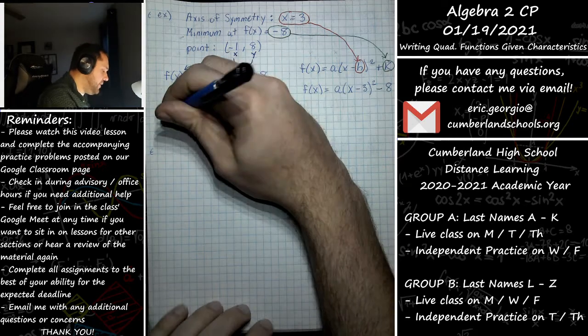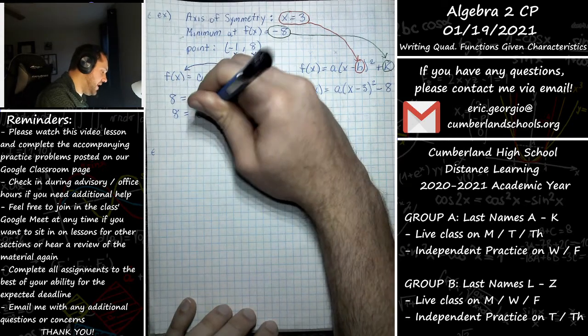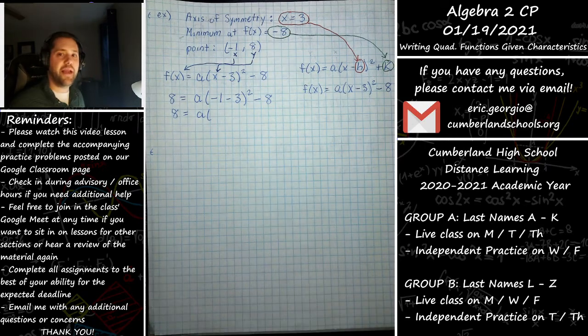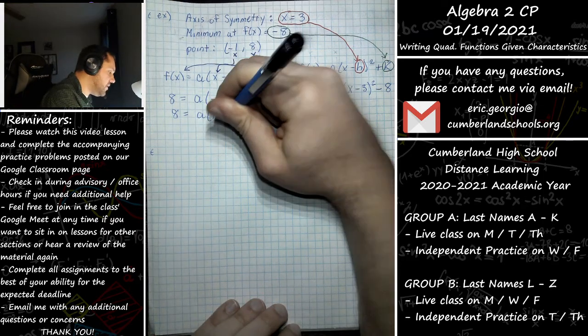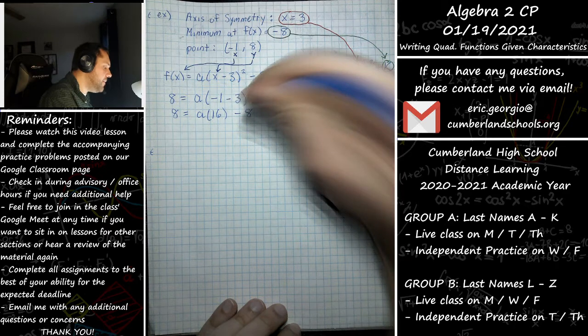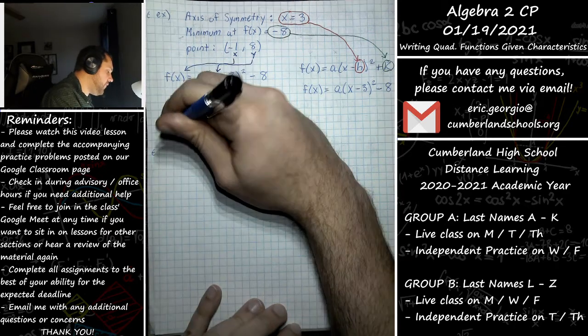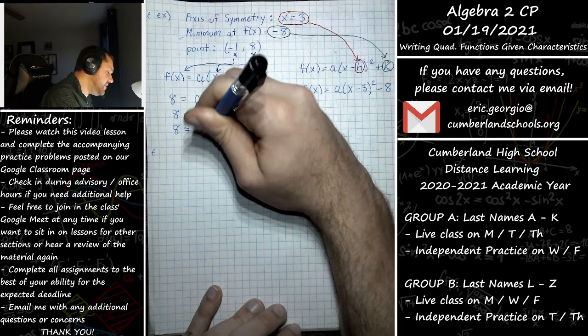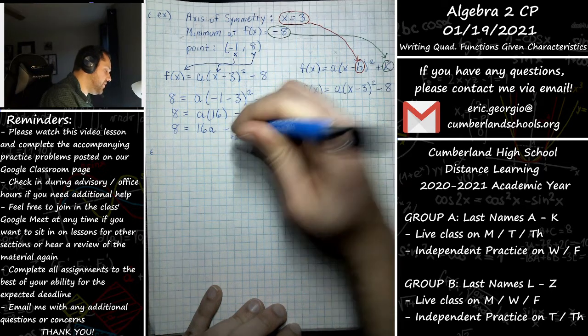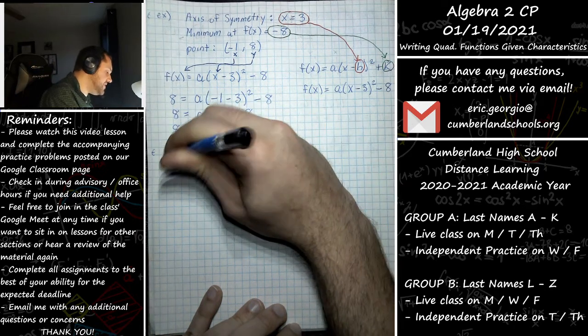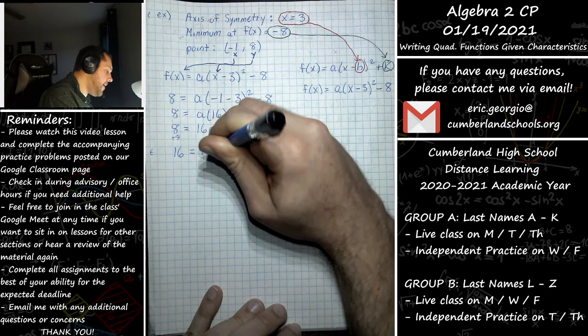Let's work this out. That means 8 is equal to a times negative 1 minus 3, which is negative 4. 4 squared is 16, kind of just like we saw before, minus 8. Rewriting this in a familiar form, we'd say 8 is 16 times a minus 8. Let's add 8 to both sides to get that 16 would equal 16a.